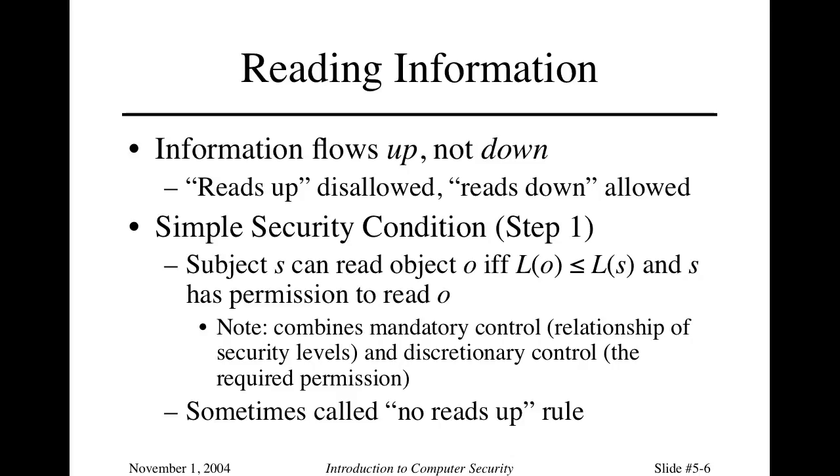But if we combine the discretionary access control rule, even if they're at the same security level, one person can set the file access permission to disallow others' access. So Alice and Bob are both at secret level, but Alice can disallow Bob from reading Alice's files. This is the combination of discretionary access control and mandatory access control.